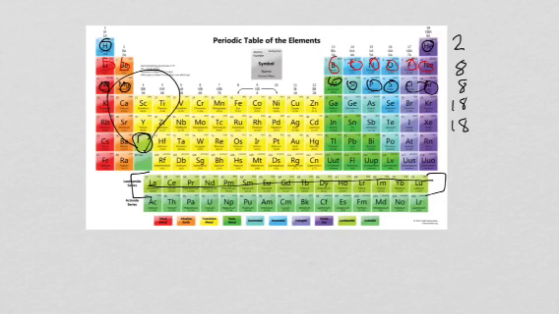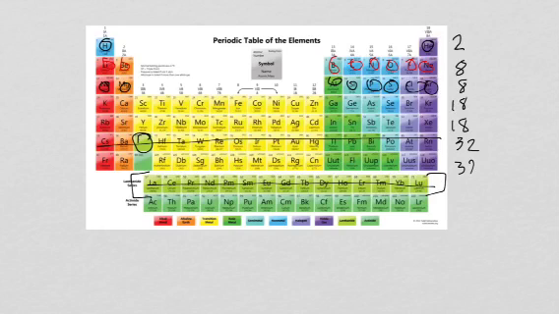So if you count all of these plus all of these, you will have 32 elements. And the same goes for the last period.